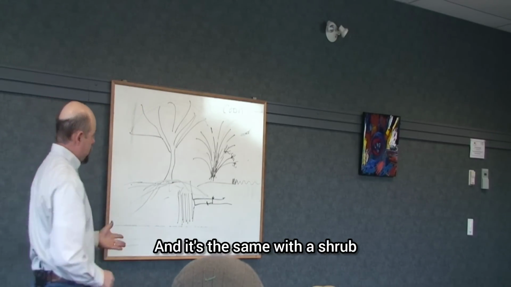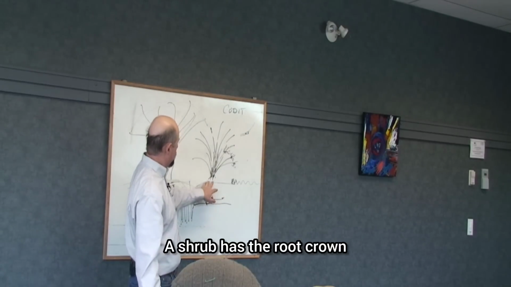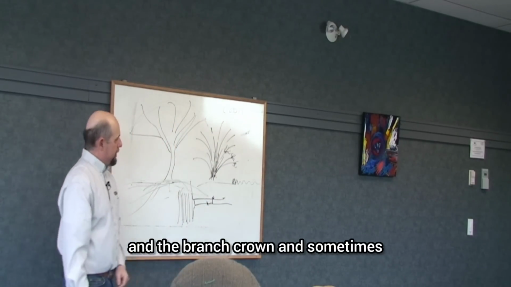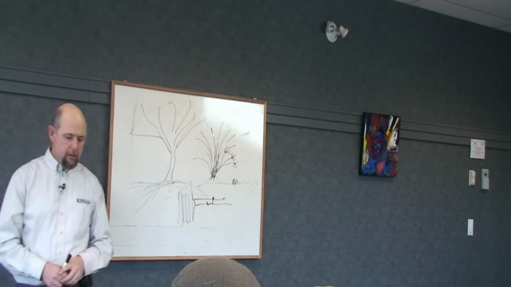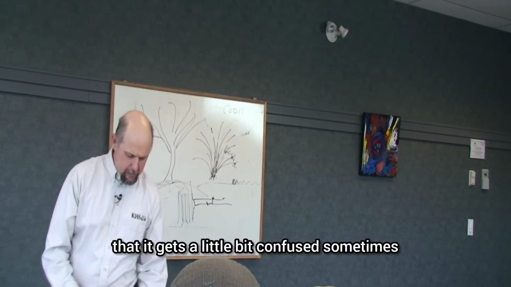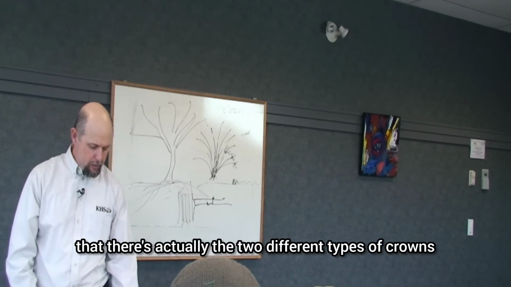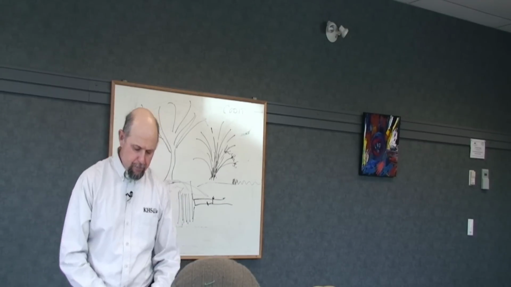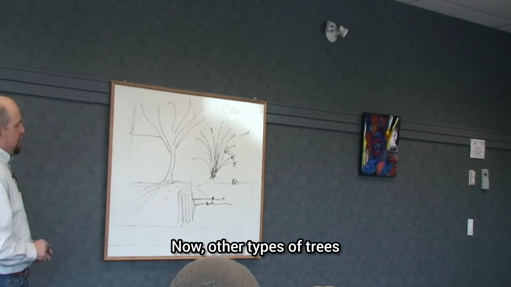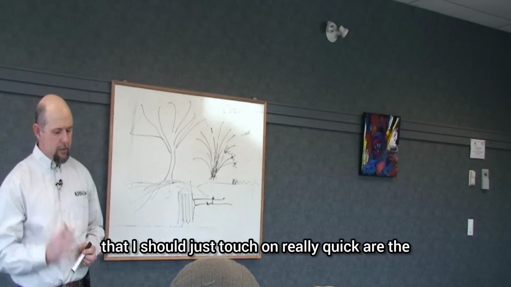And it's the same with a shrub, you know, the shrub has the root crown and then the branch crown. And sometimes, I've just found that it gets a little bit confused, that there's actually two different types of crowns.